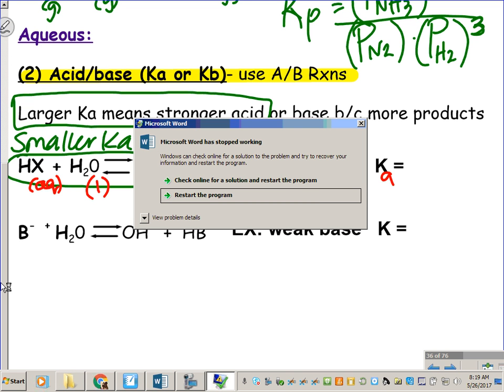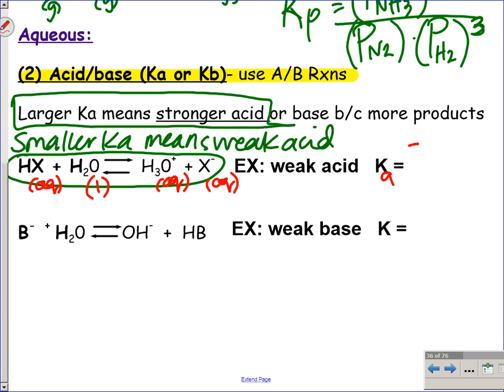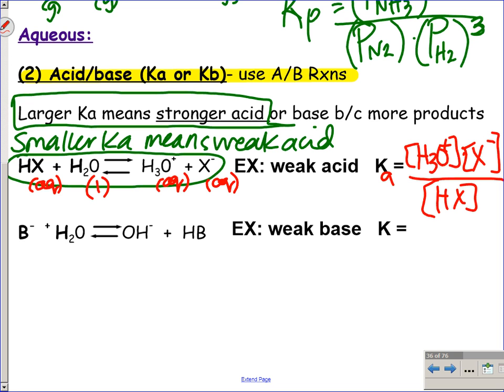So we'll do hydronium ion concentration, because that's my product, multiplied by the other product. These are all raised to what power? 1. So that's X minus, divided by what? HX. Why not water? It's a pure liquid.